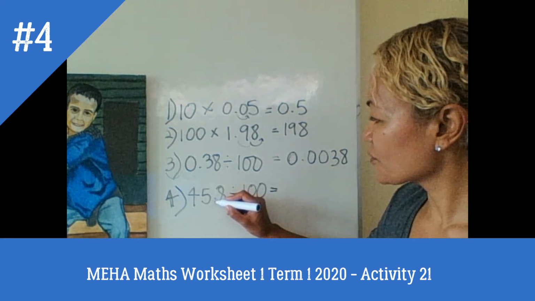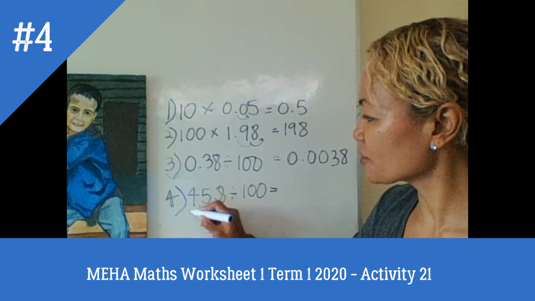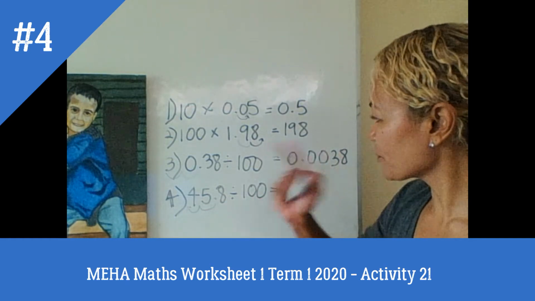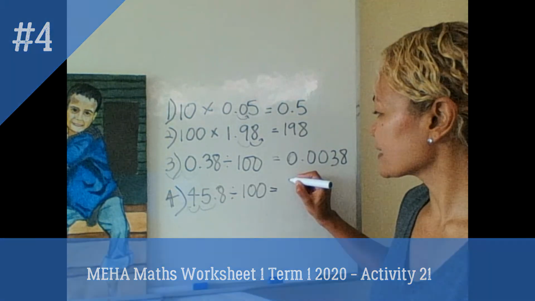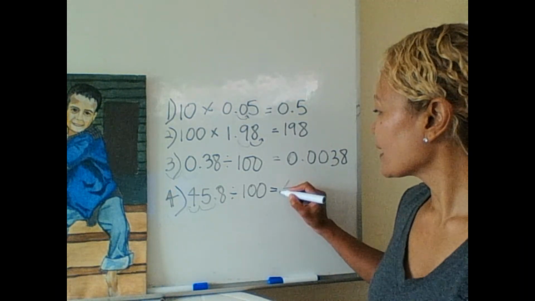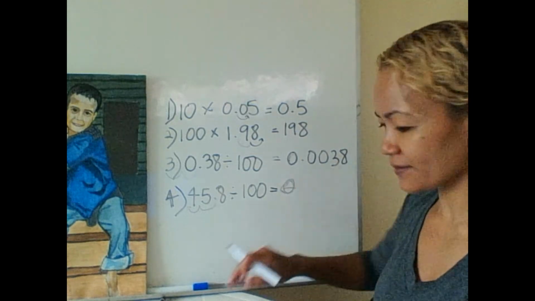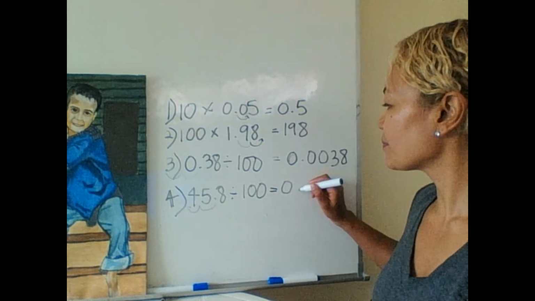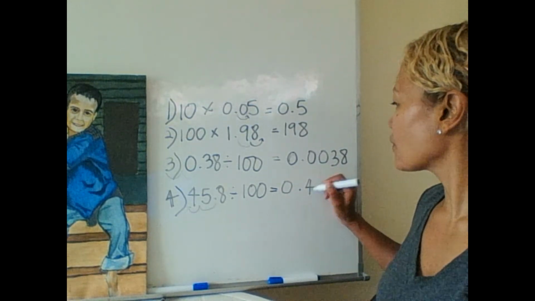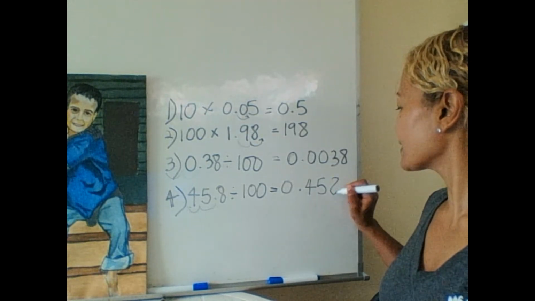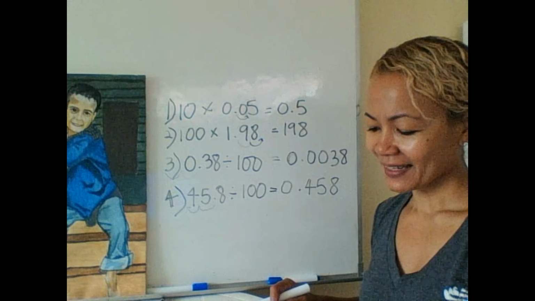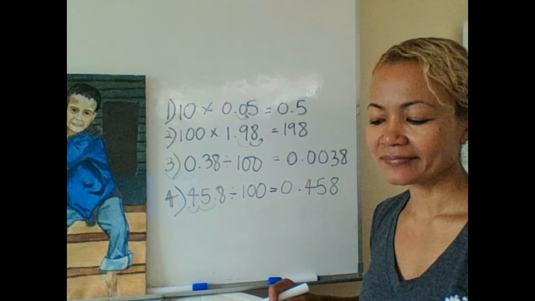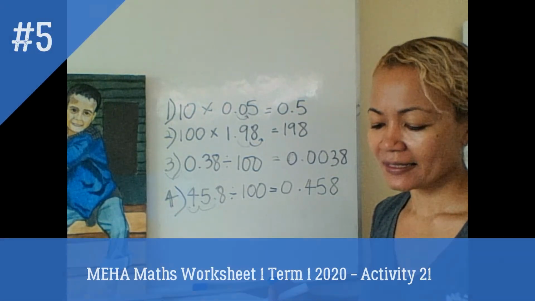Okay. 2 places, so it'll hop 1, 2. Yeah, because it has 2 zeros. So moving towards the left. So the answer is, sorry, 0, it's a bit messy, 0.458. Did you get that? Okay.